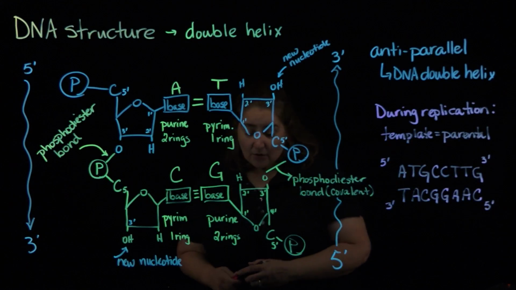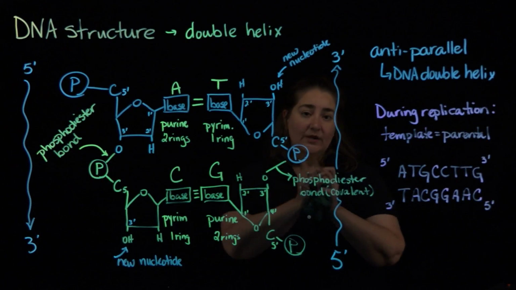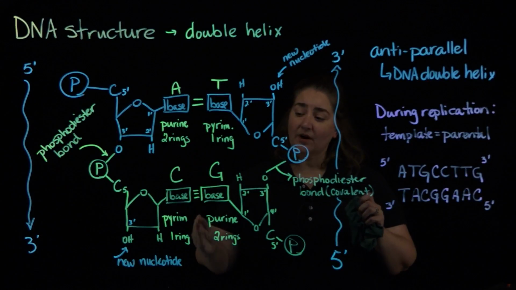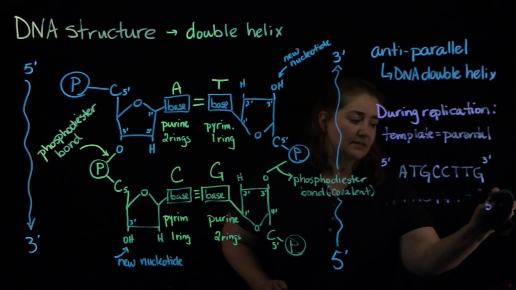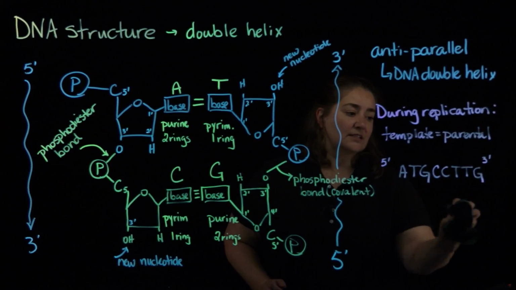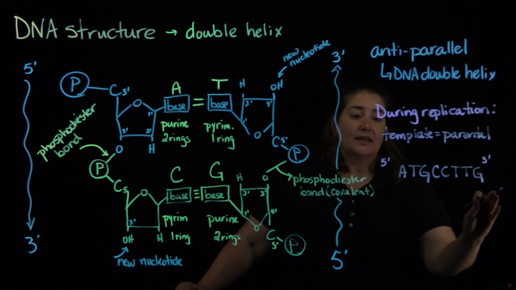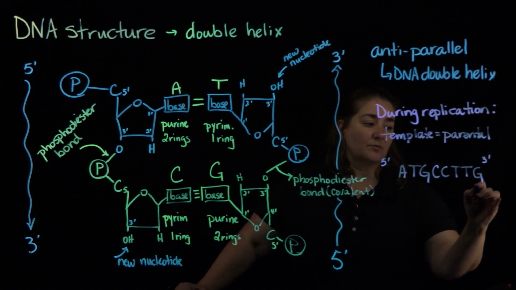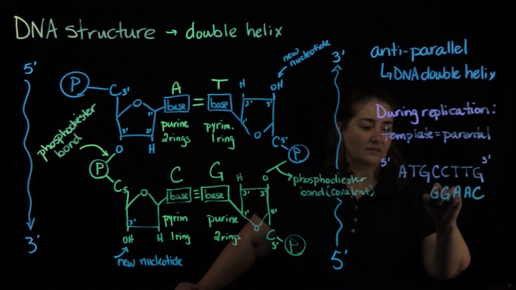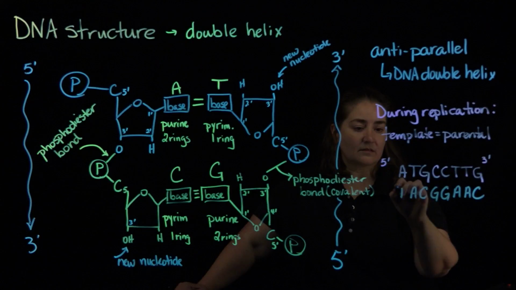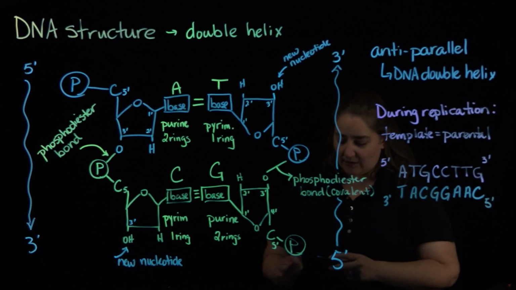What happens during DNA replication? We get those hydrogen bonds to separate in the center. And what that does is it opens things up so that enzymes can come in and fill in our complementary strand. So this end would be 3', this end would be 5'.